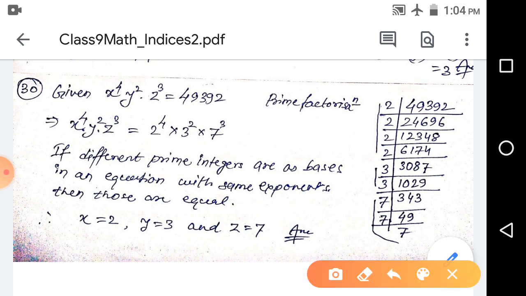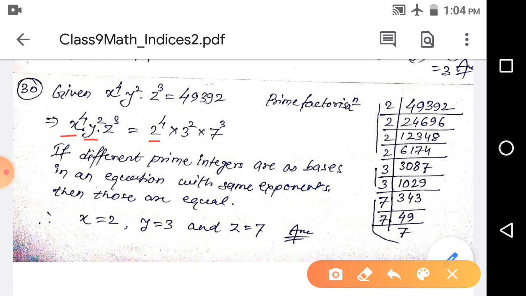And in the LHS part, we have x to the power 4, y to the power 2 and z to the power 3. Now here, there are 3 prime integers with the same exponents, so the corresponding bases of the same exponents must also be equal.